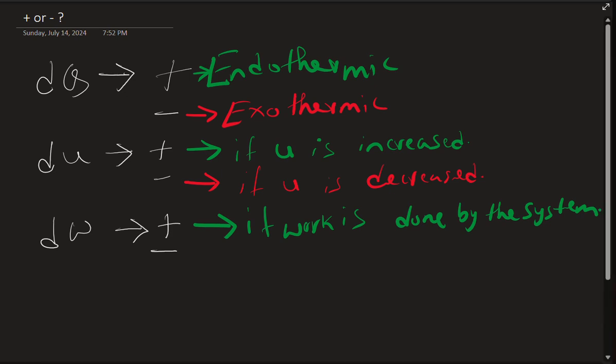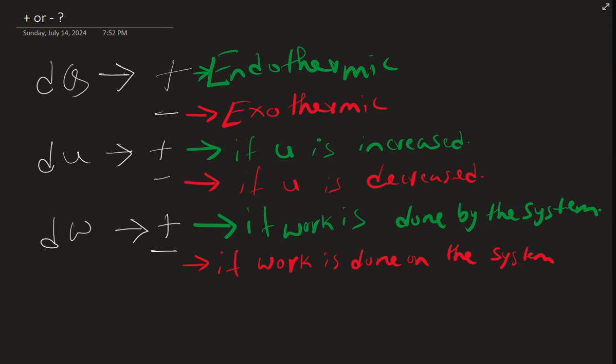And if work is done on the system, say a block pushing a person, what we used to call negative work, then dw, the change of work, will be negative.